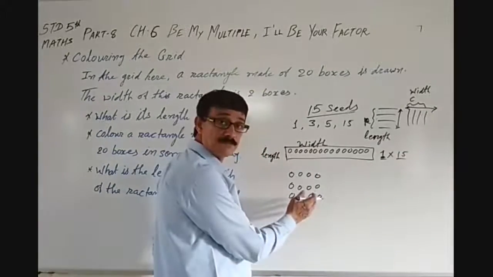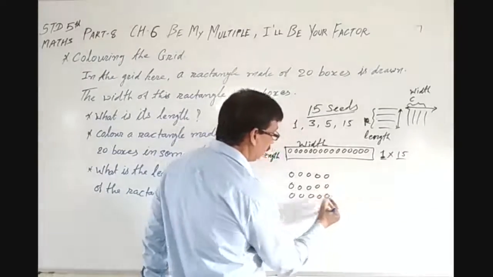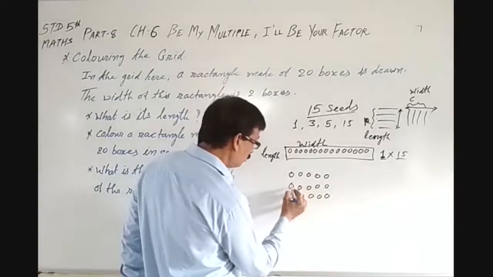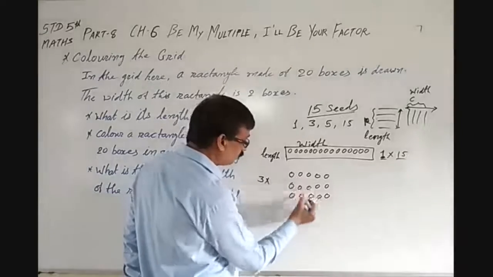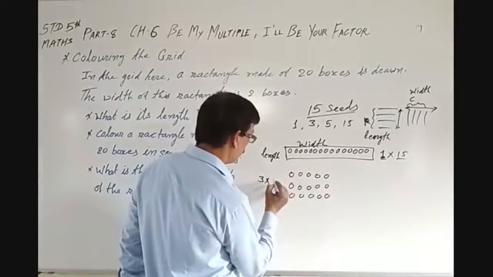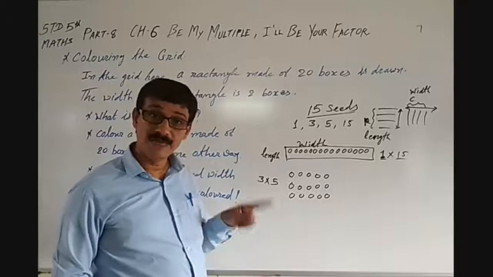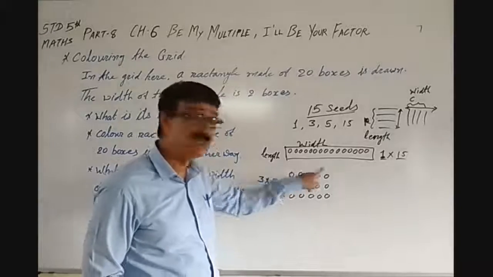Plus 3, 12. 1, 2, 3. Plus 3, 15. So these are 1, 2, 3 rows. And how many columns? 1, 2, 3, 4, 5. If you want to write, then length is 3 and width is 5.